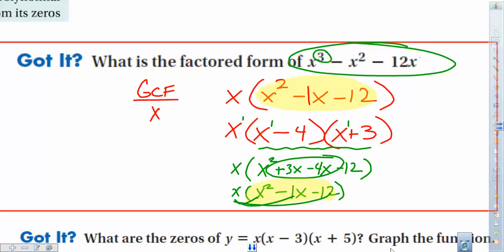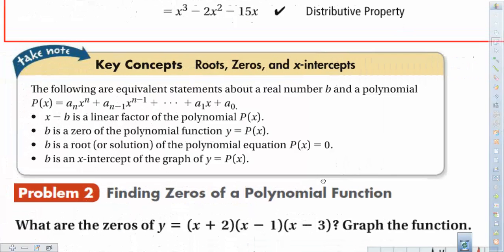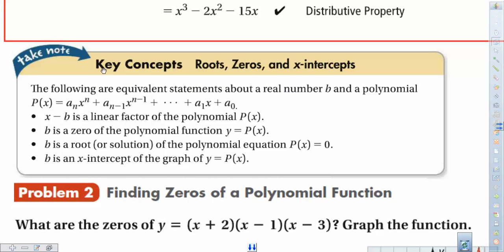Okay? So a couple of truths that happen with polynomial functions is that we do get linear factors of those polynomials. And then if we have a linear factor, say for example an x minus b, what that tells us is that b would be a zero of that equivalent function, which would also make it a root. And I'll talk more about that here in a second.